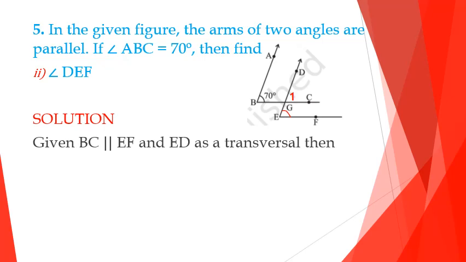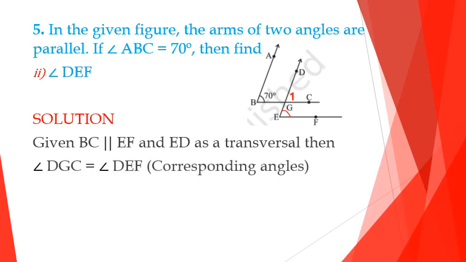Now look at the figure carefully. BC and EF are the two lines which are parallel and ED is the transversal. Where are angle DEF and angle 1 lying? Yes, they are on the same side of the transversal ED and both angles are above the lines. Then what is the name of these angles? Yes, they are called corresponding angles.